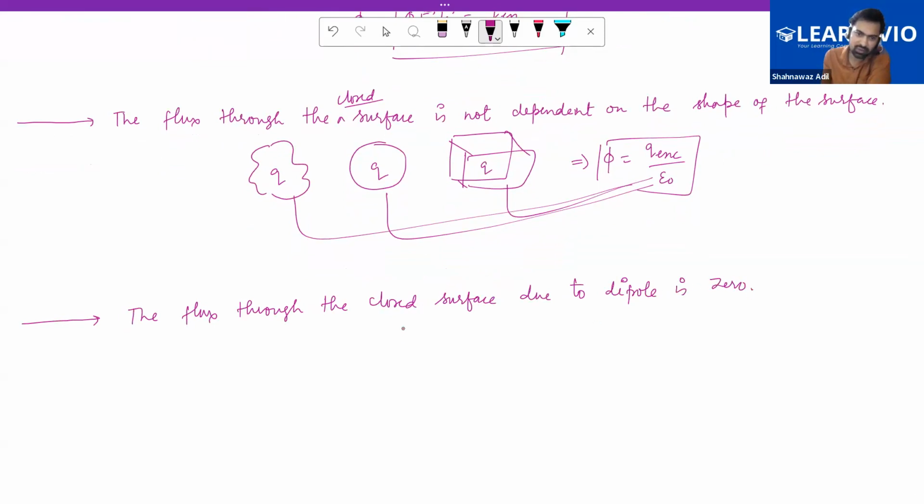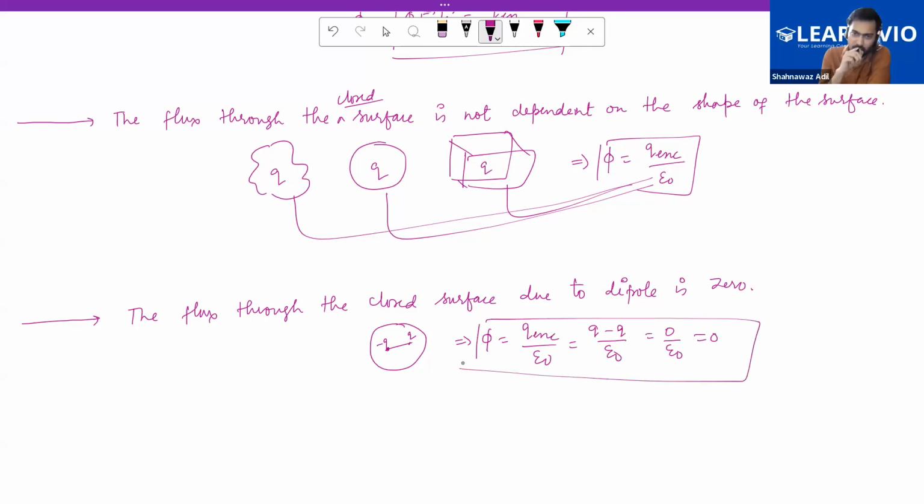Why is this 0? Let's say we have this surface and then we have a dipole. So what is a dipole? Minus Q and plus Q. If we calculate phi, this is Q enclosed by epsilon naught. Q enclosed would be how much? Q minus Q, which is 0, so this would be 0. Right? Yes, sir. This is the second point.